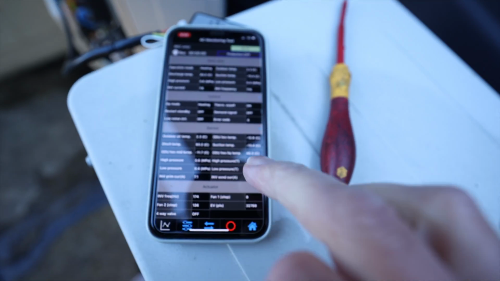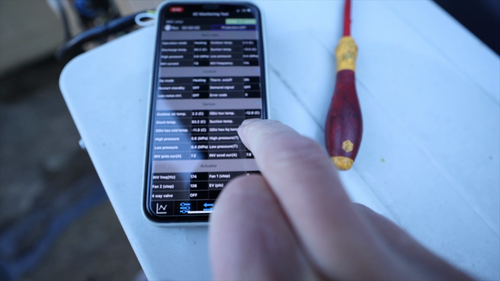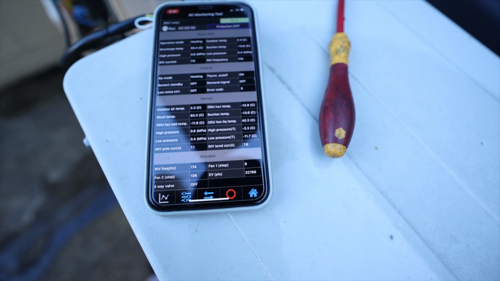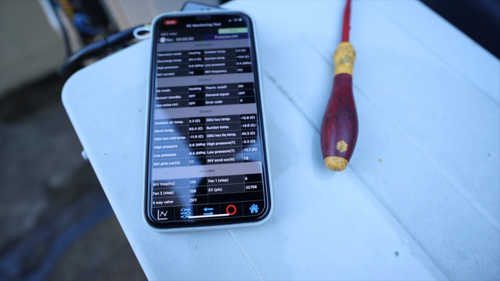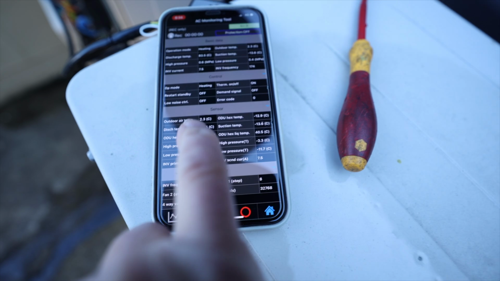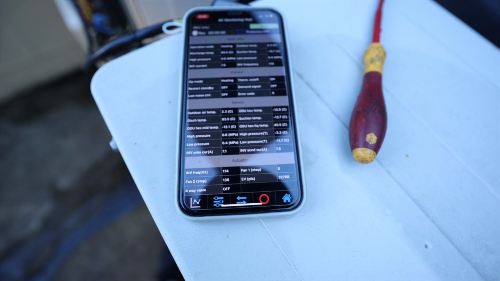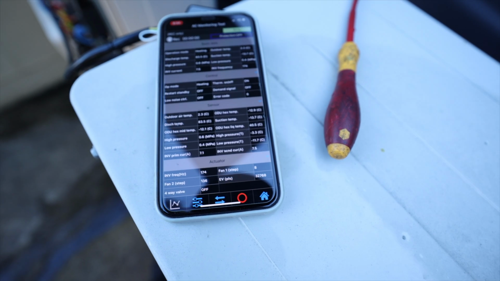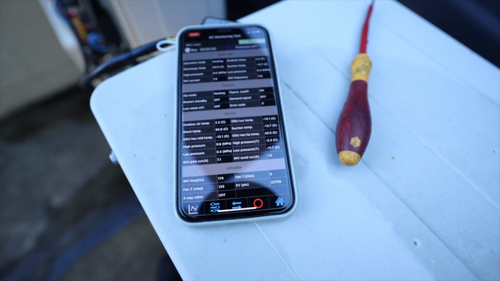So yeah, our temperature's getting colder and colder. So now here, our suction temperature, minus 13.5. So our gas is boiling off at well below that. So it's probably boiling off to say minus, I don't know, minus 15. Outside air temperature, 2.3 degrees. So there's quite a differential in what the temperature is of the gas and what the temperature is outside.